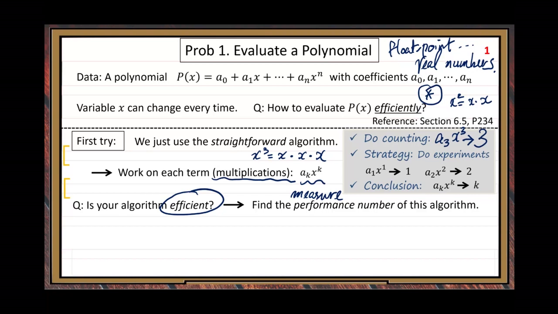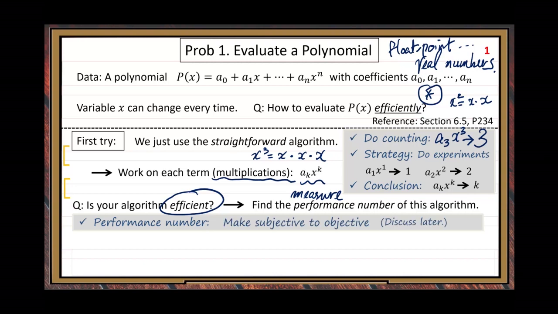But at this point, we are not ready to understand the concept of the performance measure. So we need to delay a little bit, sometime later, but not too much later.